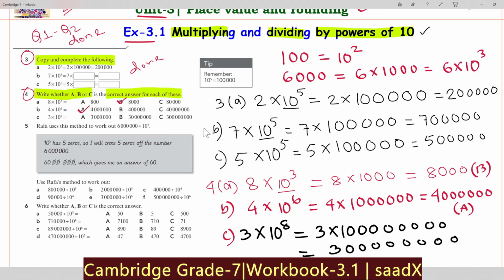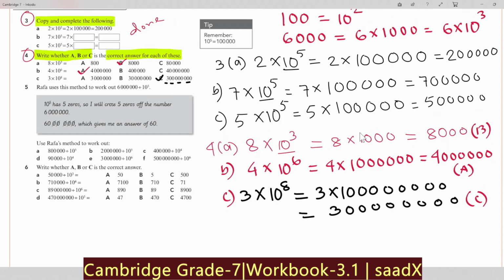So let's find out which one is correct. Number c is the one with 3 and 8 zeros. So our correct answer is number c. Numbers 3 and 4 are successfully complete.